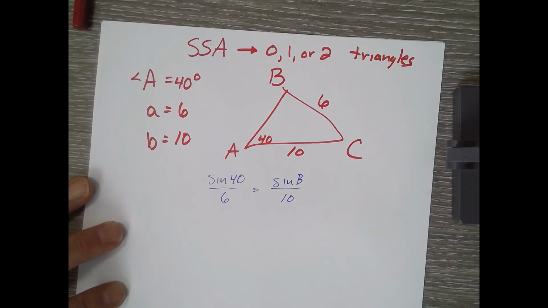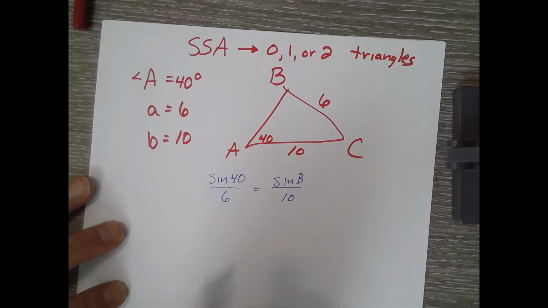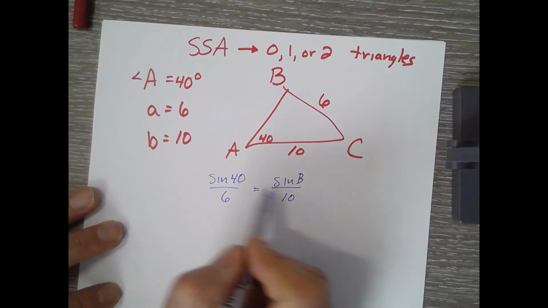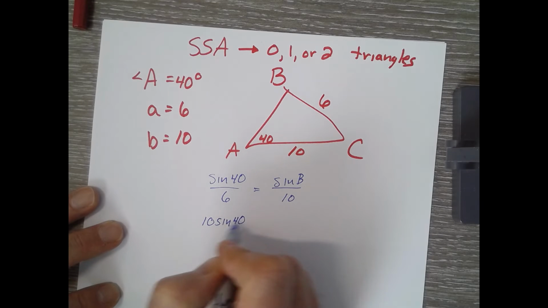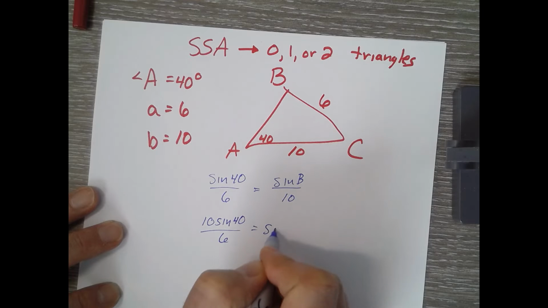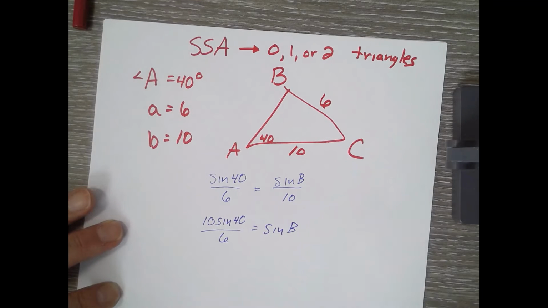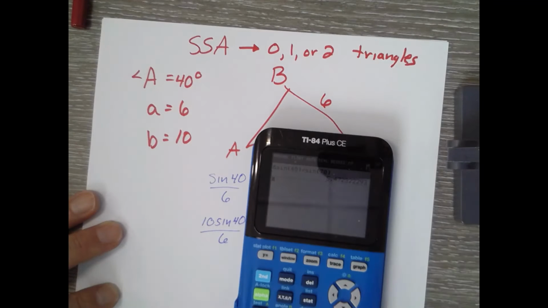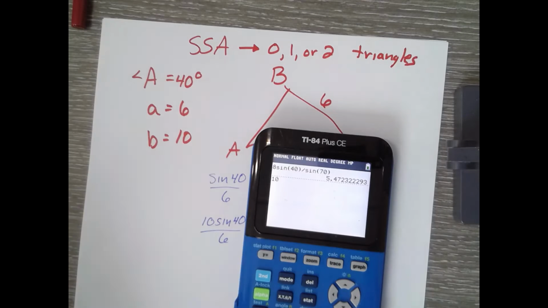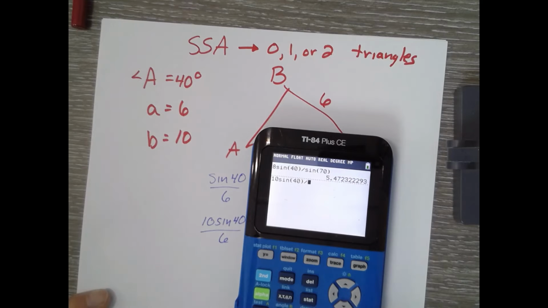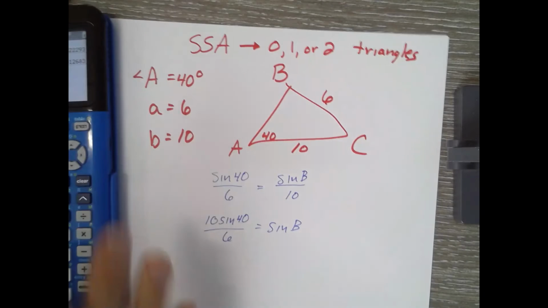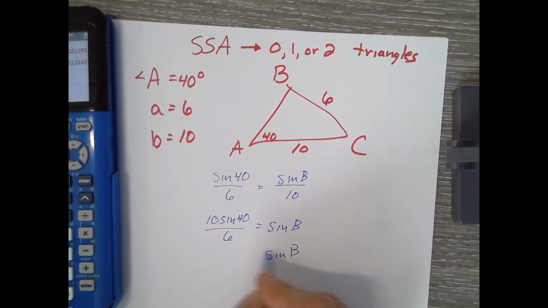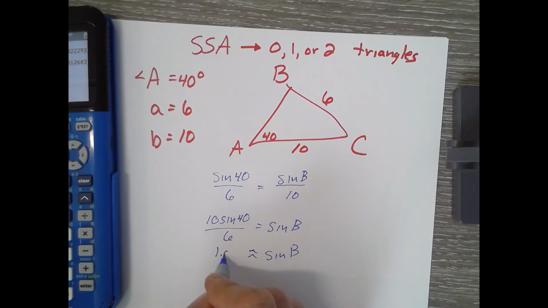So far, so good? Okay, so we're solving for B here, so we got to get rid of that 10, so I'm going to multiply by 10. So I have 10 sine 40 over 6 equals the sine of B. What is 10 sine 40 over 6? 10 sine 40 divided by 6 equals. All right, so we get 1.07. Sine of B is about 1.07.